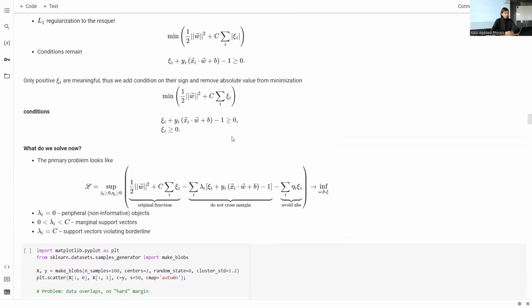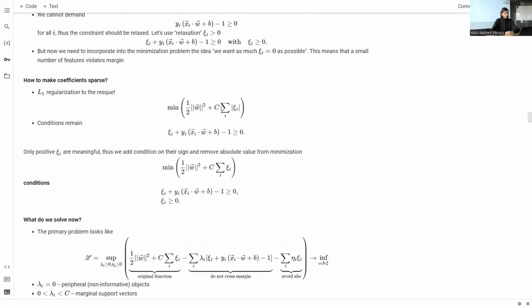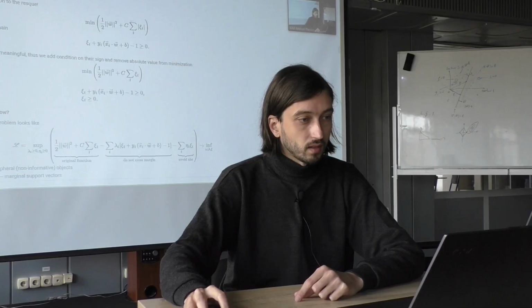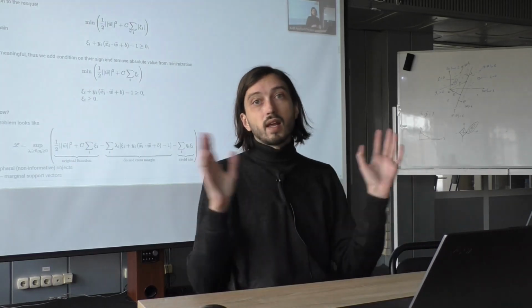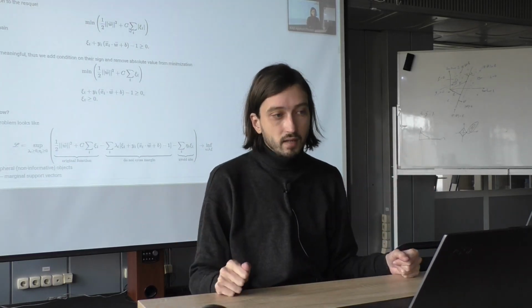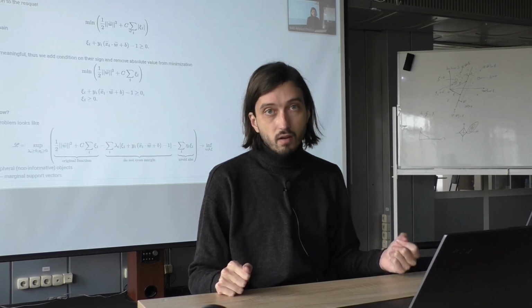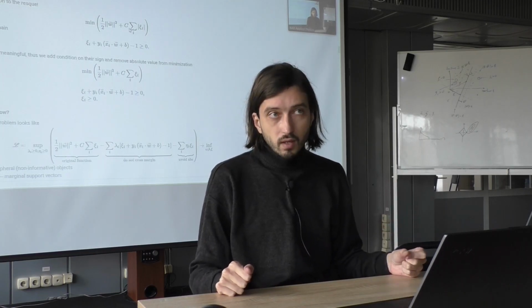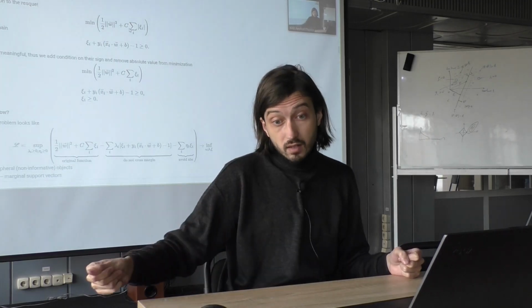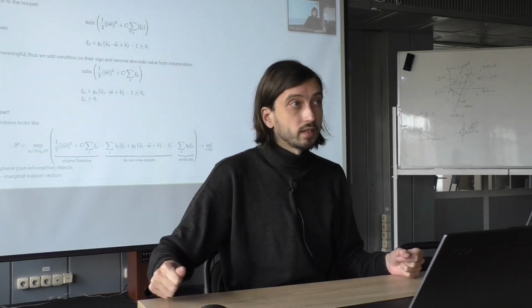Now let's reiterate one more thing. If I have this C, and suppose I'm taking a very small C, what does it mean? Just some sort of hand-waving way of reasoning. So C is the strength of my regularization. The bigger is C, the stronger is regularization.